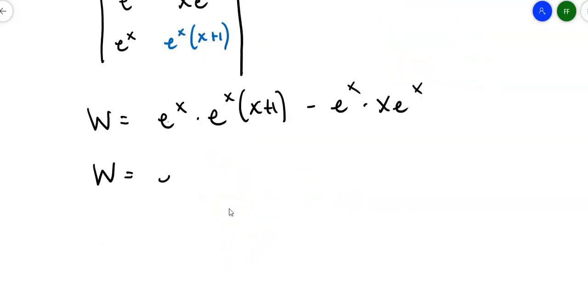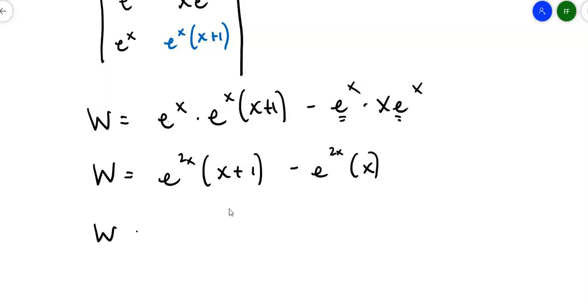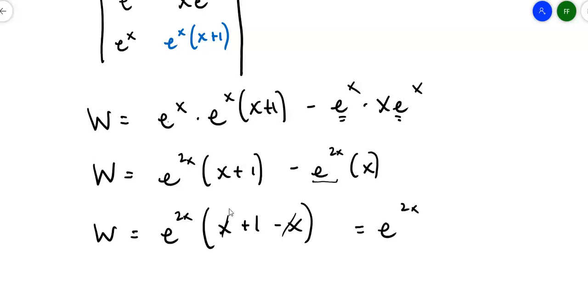E to the x times e to the x is e to the 2x. So I get e to the 2x times x plus 1. Over here, if I rearrange terms, take these two x's to the front, I get e to the 2x times x. Now pull out an e to the 2x out of the entire line, and I'm left with x plus 1. When I pull an e to the 2x out here, I'm just left with an x. And now the entire thing in parentheses goes away, because x minus x is 0, and 1 times e to the 2x is e to the 2x.